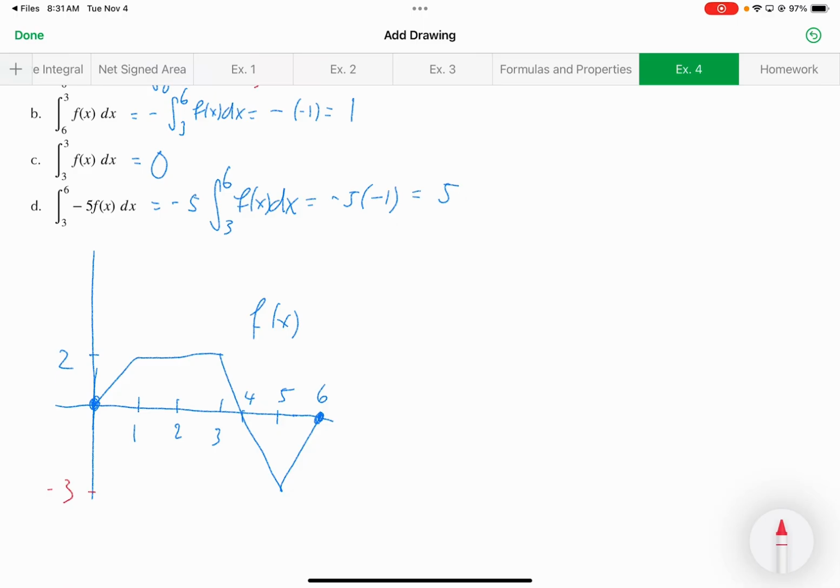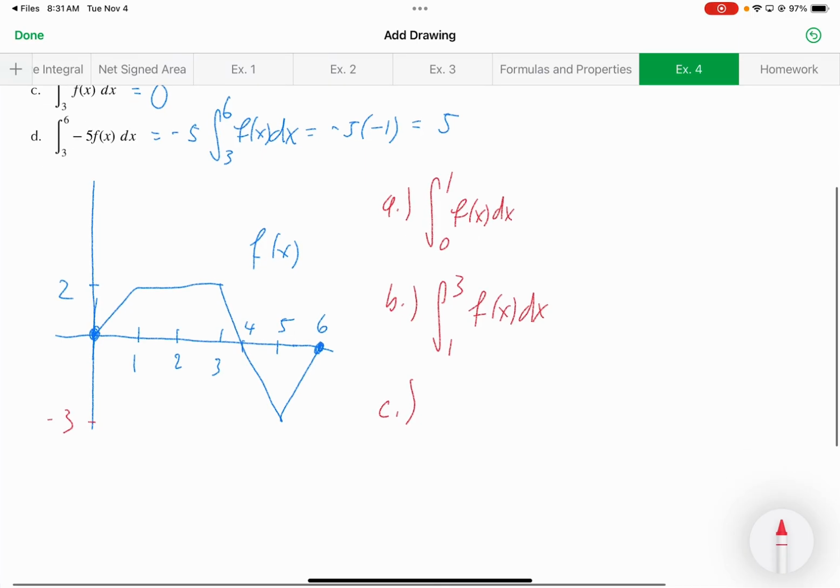And then if I give you something like this, I could say, hey, find any one of these values of these integrals. So we could say integral from 0 to 1 of f of x dx. Or integral from 1 to 3 f of x dx.